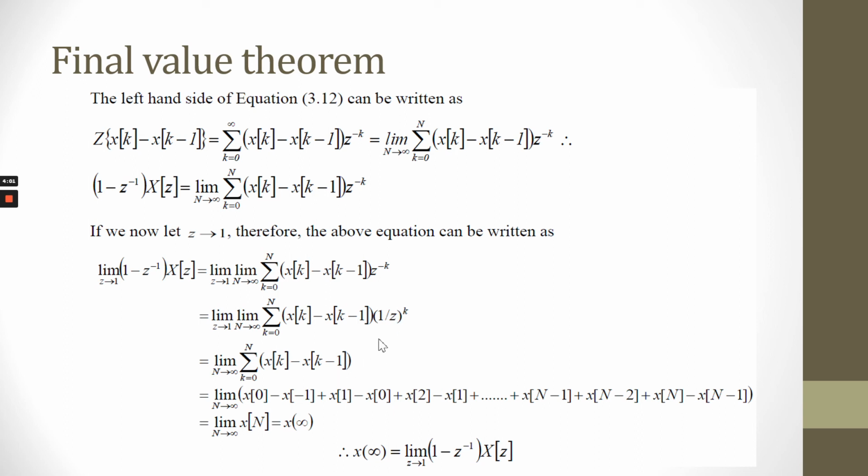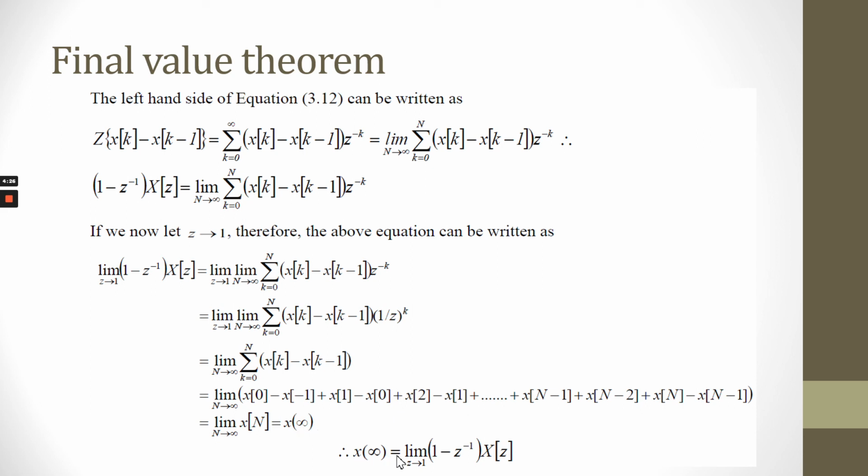So we have this one equal to 1, so only this part is left in this equation. Then we apply the range of k equal to 0 until n, and for n approaching infinity, the signal is equal to x infinity. So this is the final value theorem.